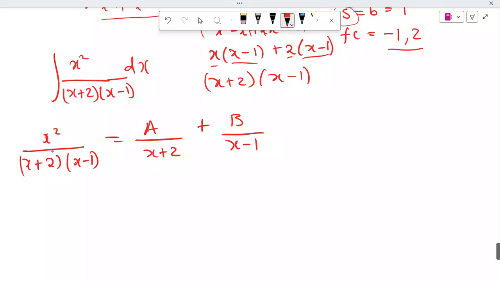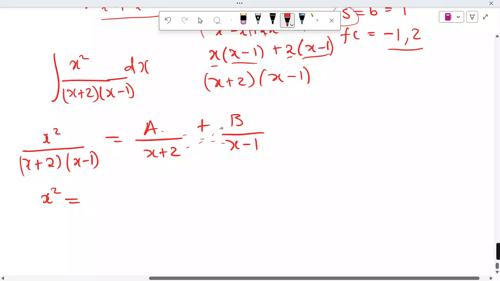If you multiply the whole fraction by this denominator, you only remain with x squared on the left. This one is not complicated because we only have two, so there's nothing to complicate life with.